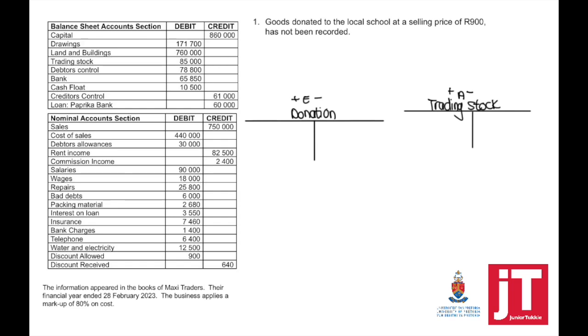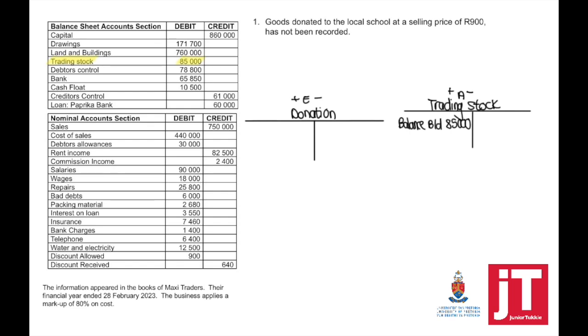The two accounts involved, donations and trading stock. Trading stock is regarded as an asset. It means that the balance brought down will appear on the debit side. There is no total brought forward for donations. It's the first time that we are going to open the account.